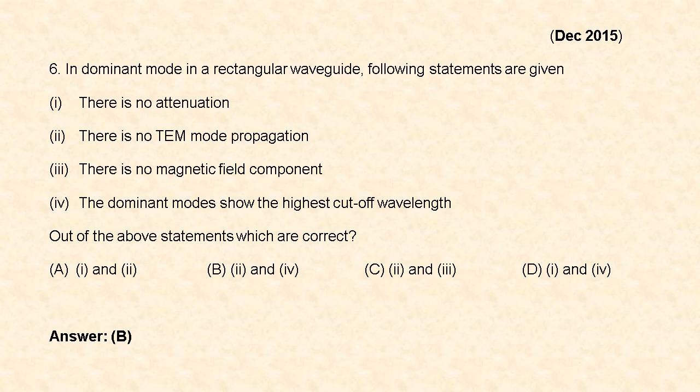Out of the statements, which are correct? Option A 1 and 2, option B 2 and 4, option C 2 and 3, option D 1 and 4. We know that in rectangular waveguide there is no TEM mode propagation, and also dominant mode is the mode which has the lowest cutoff frequency, that is, the highest cutoff wavelength. Hence, option B is correct, that is 2 and 4.